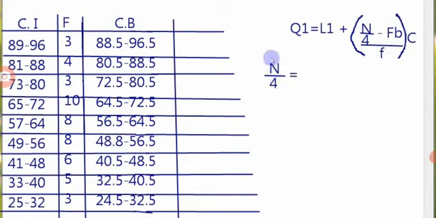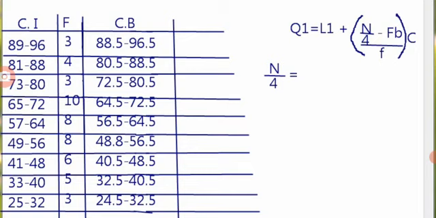Capital letter N means summation of frequency. Everything you have under this F is our capital N. So add everything, 3 plus 4 plus 3 plus 10, and so on, and this gives us 50. That means our N is equal to 50.